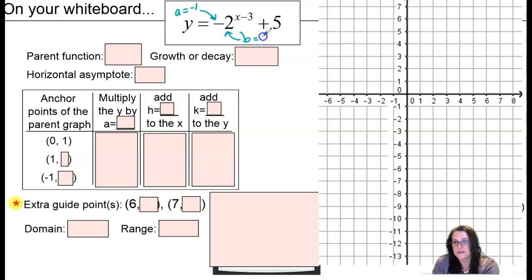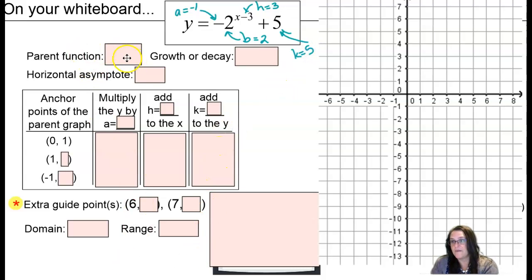So the base here is 2. Then the h, since this is x minus h, our h is a positive 3. And then the k is here at the end, and that is a positive 5.